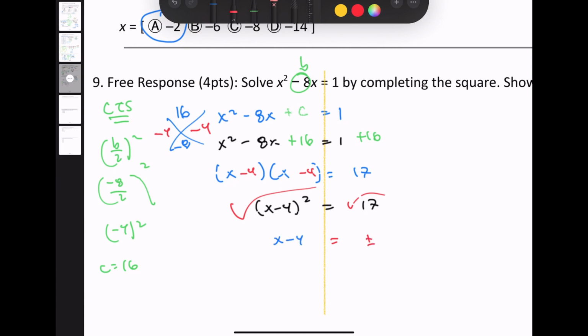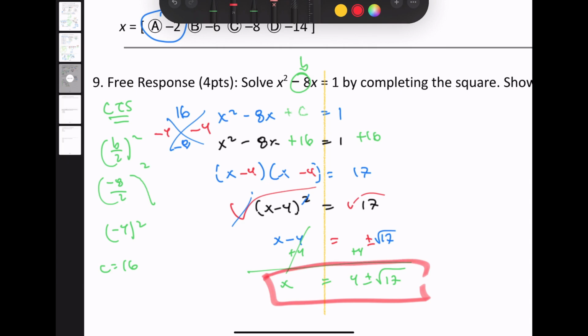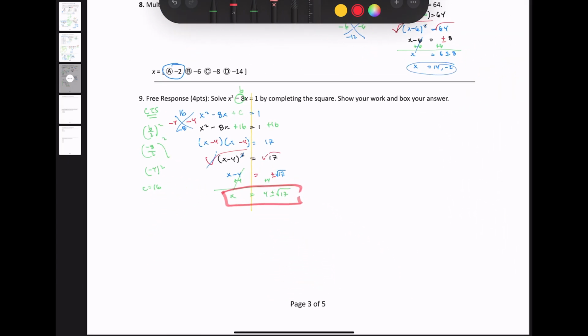So x minus 4 is square root of 17, and then add 4. My answer is x equals 4 plus or minus radical 17. That's an exact answer. And not multiple choice. Free response, I gotta show my work.